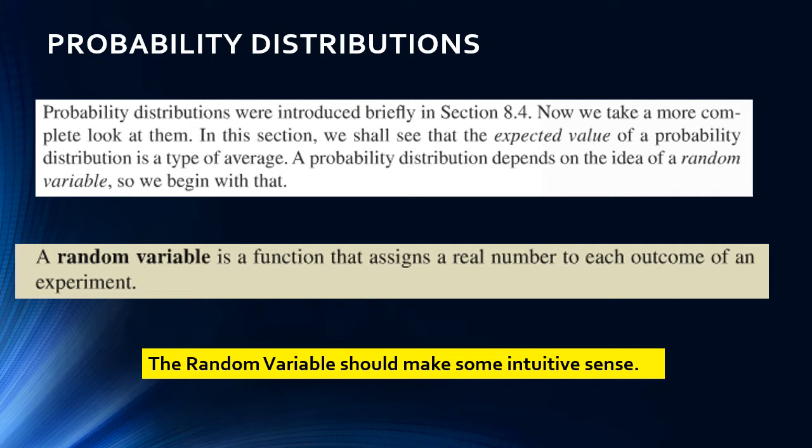Usually it goes off of the question, like what is the probability of tossing two coins and getting two heads? In that case, the intuitive thing would be the number of heads, because that's the question, what's the probability of getting two heads? The number of heads would be the actual number that you would assign to it.